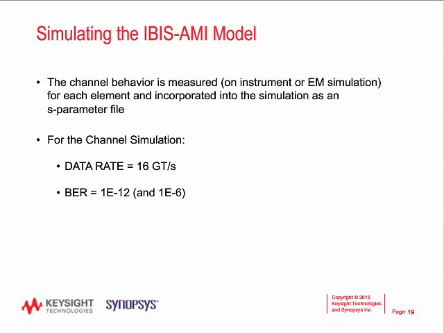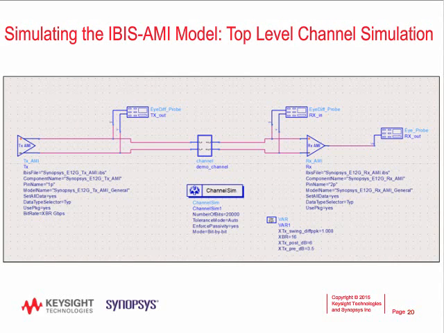Now, what you're seeing here is the simulation test bench which was used in ADS to simulate the IBIS-AMI models that have been created earlier. As you can see, we have a transmitter and a receiver set, as well as an S-parameter block in the center, which represents our channel.